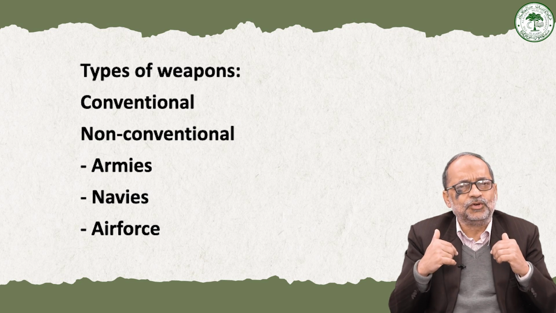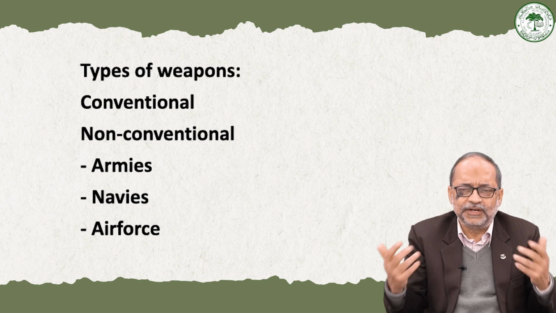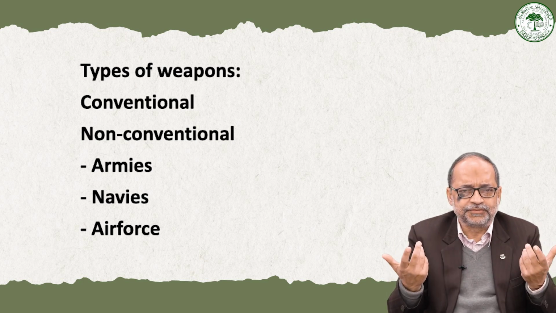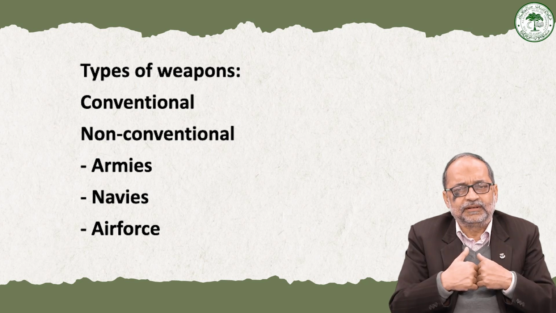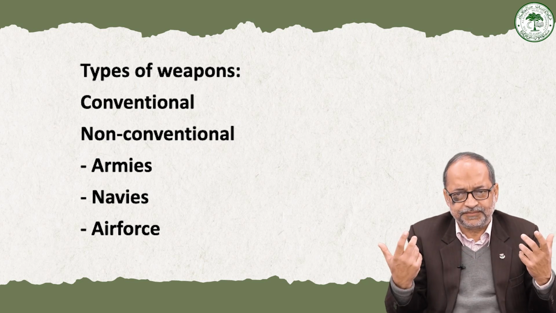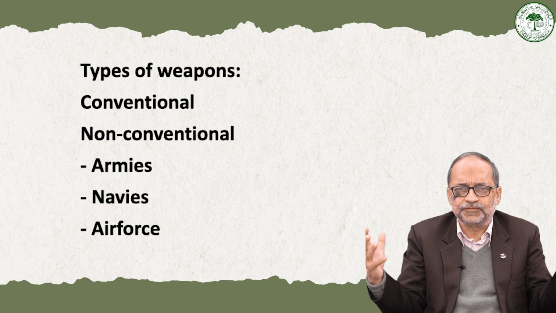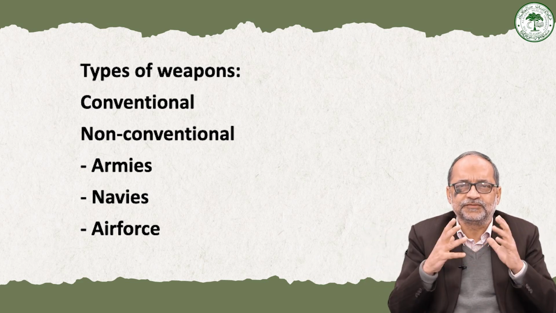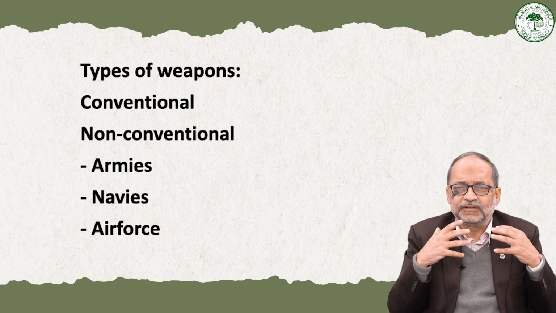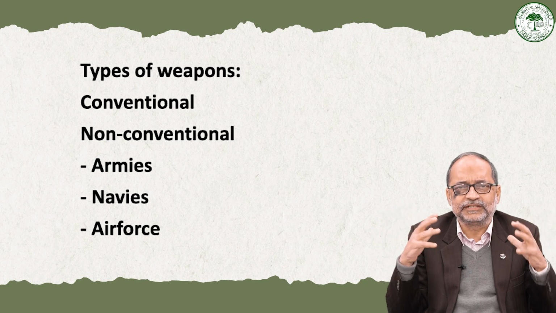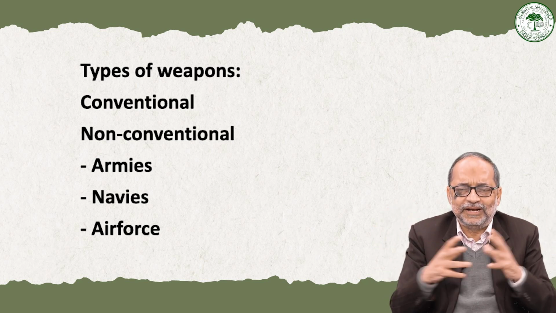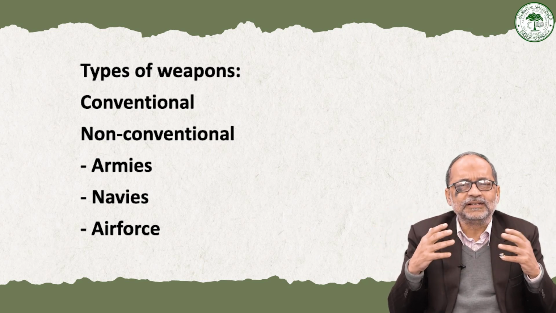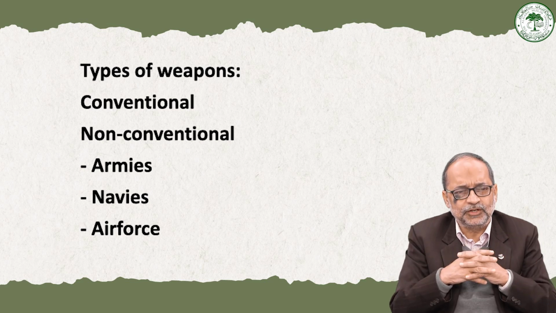And then in navies, there are all kinds of submarines and warships, and then there are aircraft carriers. Now, aircraft carriers are huge, which very few countries can have because it is very difficult to build, and it entails a lot of cost and technological addition, and that is something which only big powers can do.